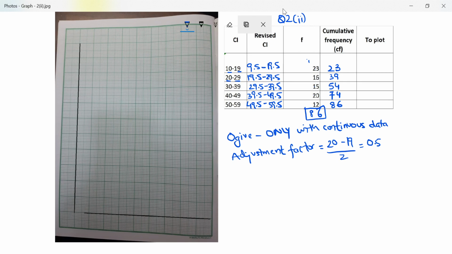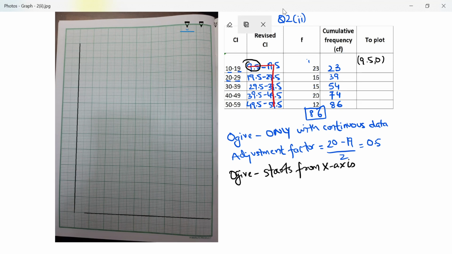Now let's see what we need to plot. I hope you remember. So the first one that we plot is the lower limit of the first class with 0. Why with 0? Because ogive always starts from the x-axis.